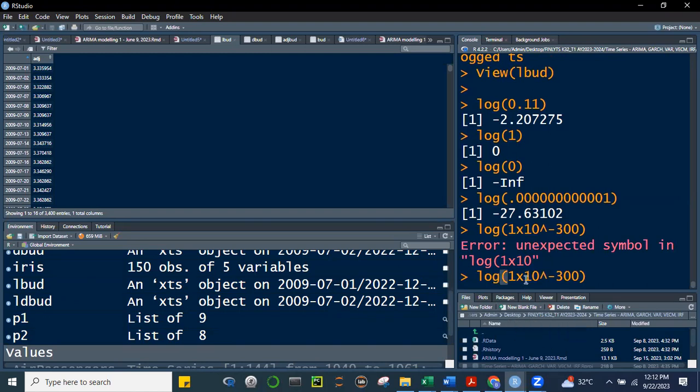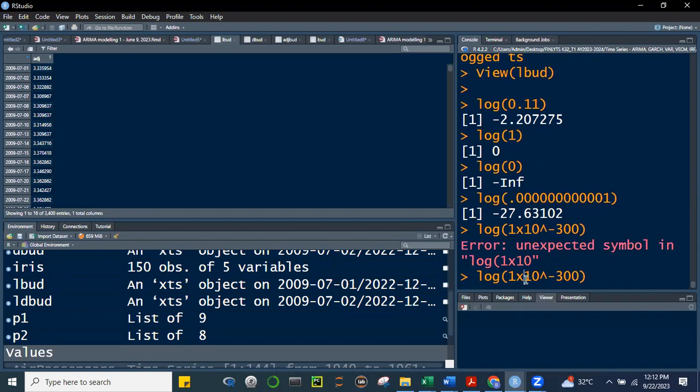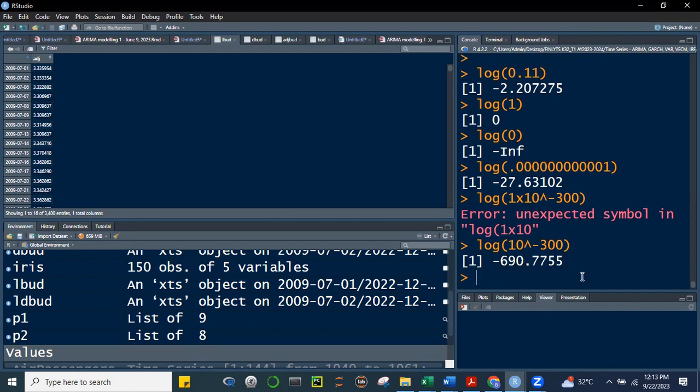So log of 10 to the negative 300, that's a very small number. Okay, so it's negative 690.